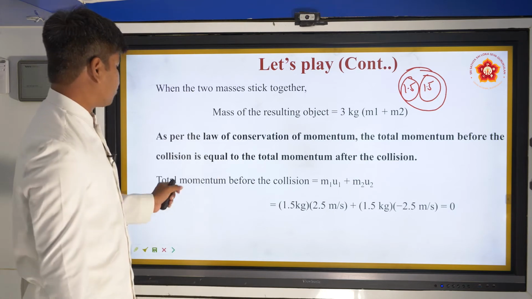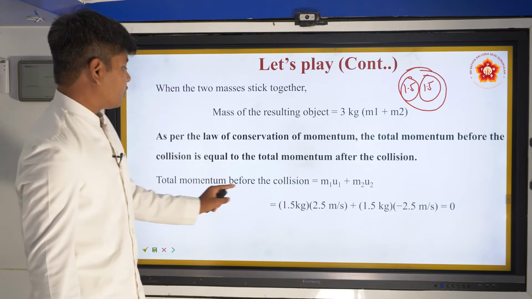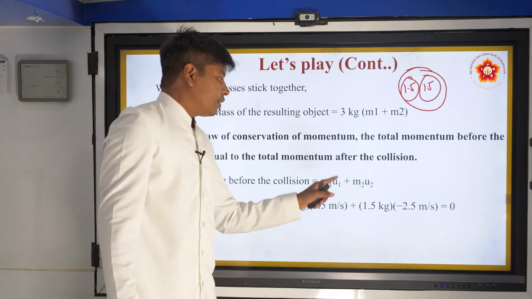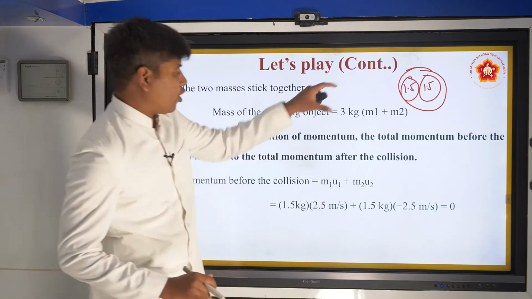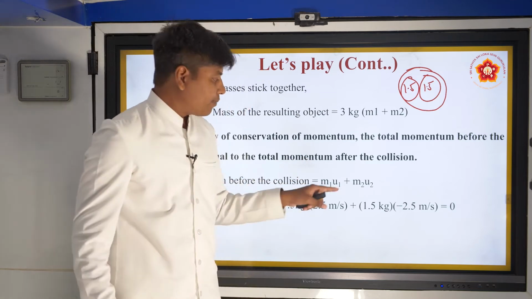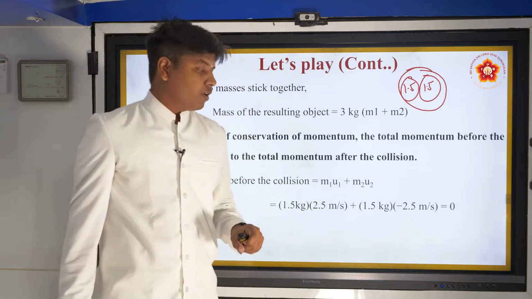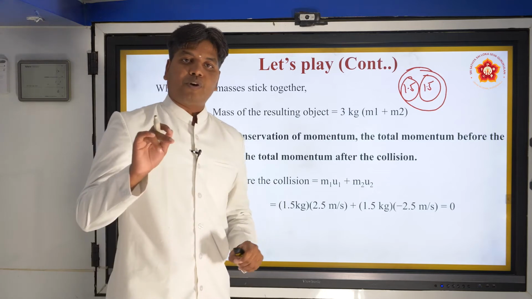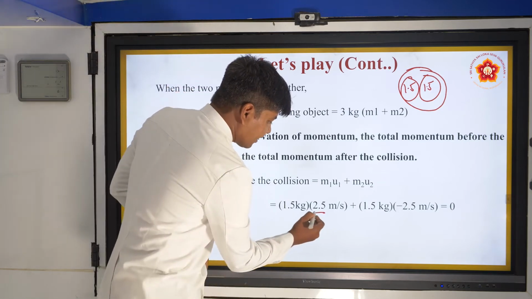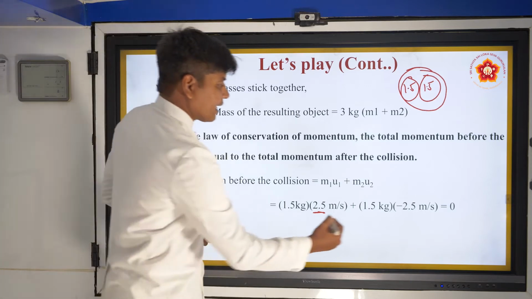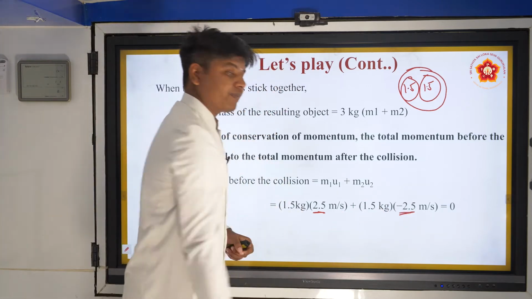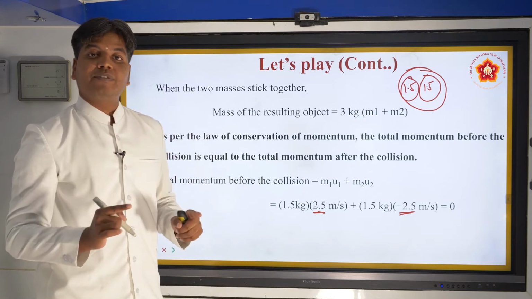So let us find the total momentum before the collision. It is the sum of the momentum of one body plus the momentum of another body. One body is traveling with 2.5 meter per second, and the other, traveling opposite to body 1, has velocity minus 2.5, because momentum is a vector quantity.